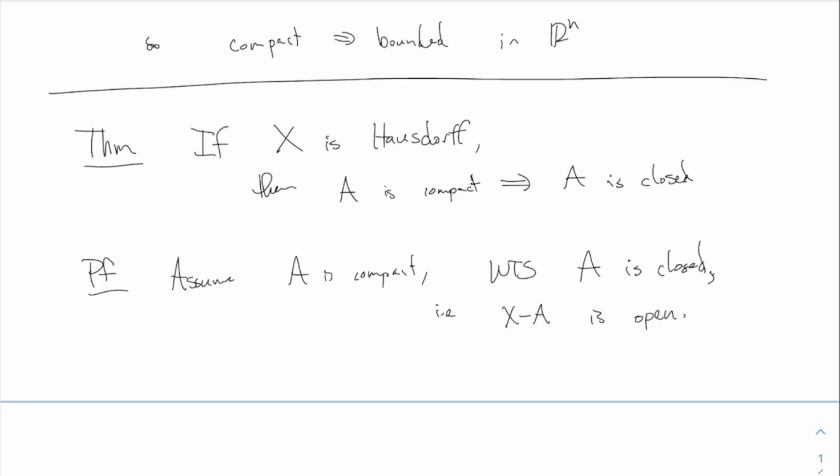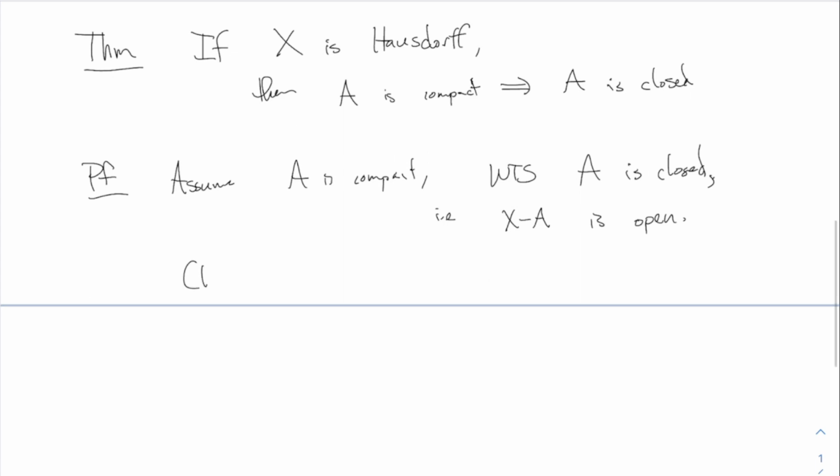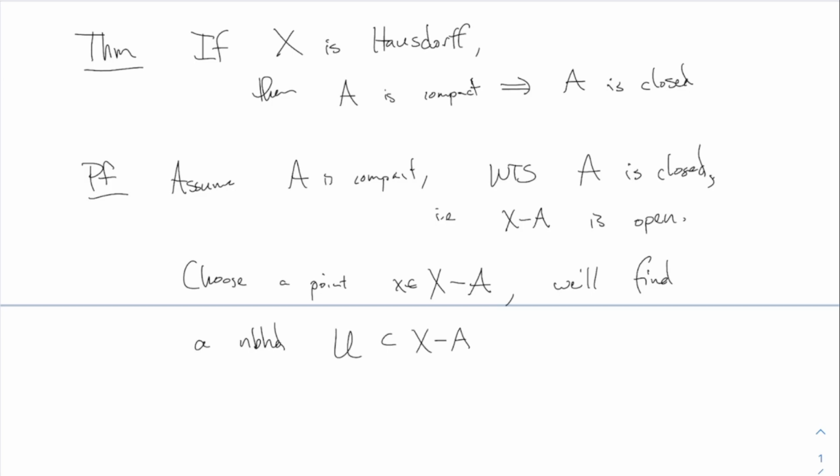So I am going to choose some point, I'll call it x, in this complement X minus A, and then we'll find a neighborhood, maybe I'll call it U, in X minus A with x in U. This is one way to show a set is open, by choosing a point.